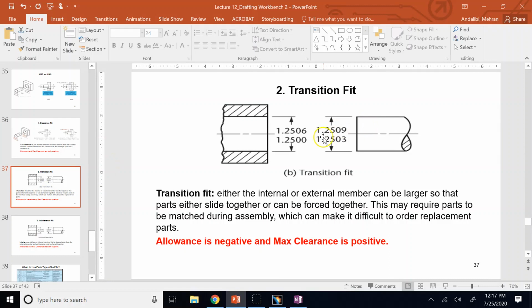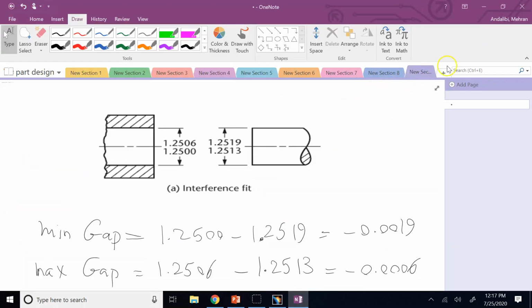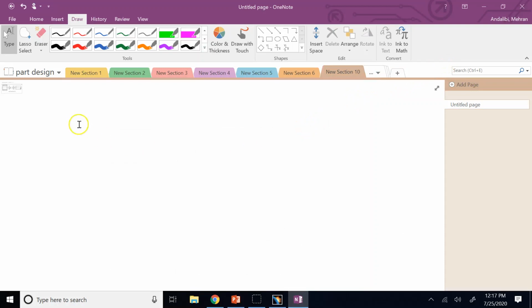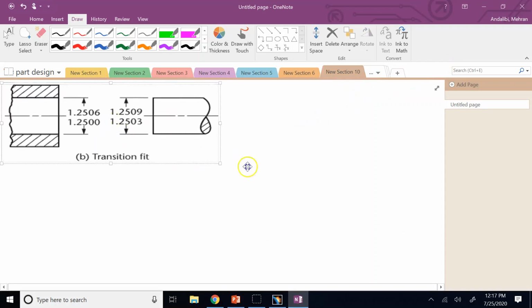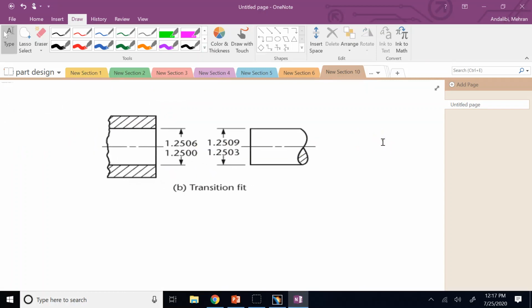So clearance has both gaps positive, interference has both gaps negative. Transition, the biggest gap is positive, but the smallest gap is negative, right? So there is a chance that your shaft gets bigger than the hole. There is a chance that your shaft gets smaller than the hole. Both of them could be possible, okay? So if you look here, again, if I calculate these two, what is the min gap?